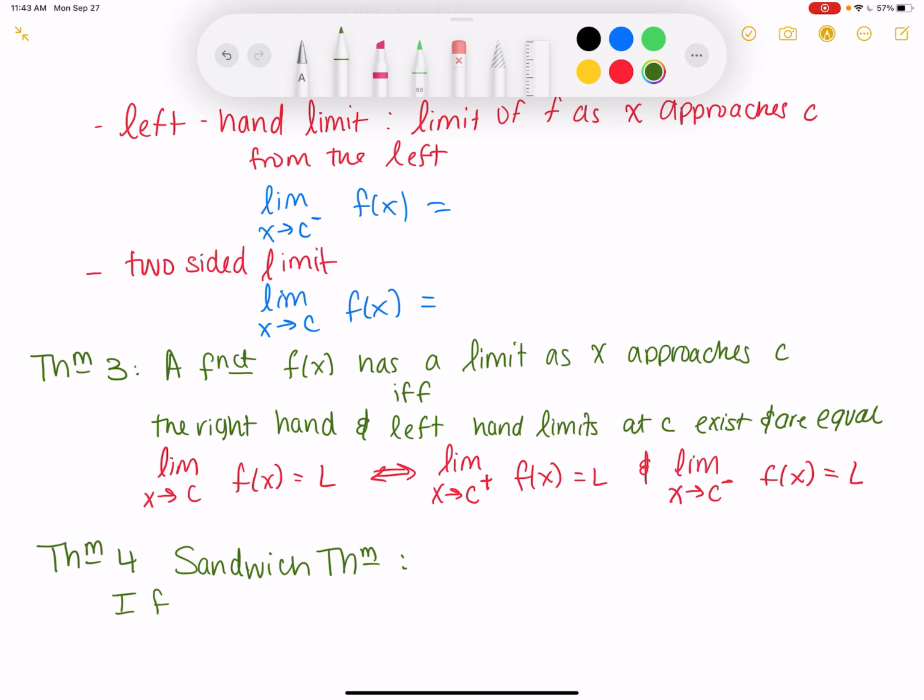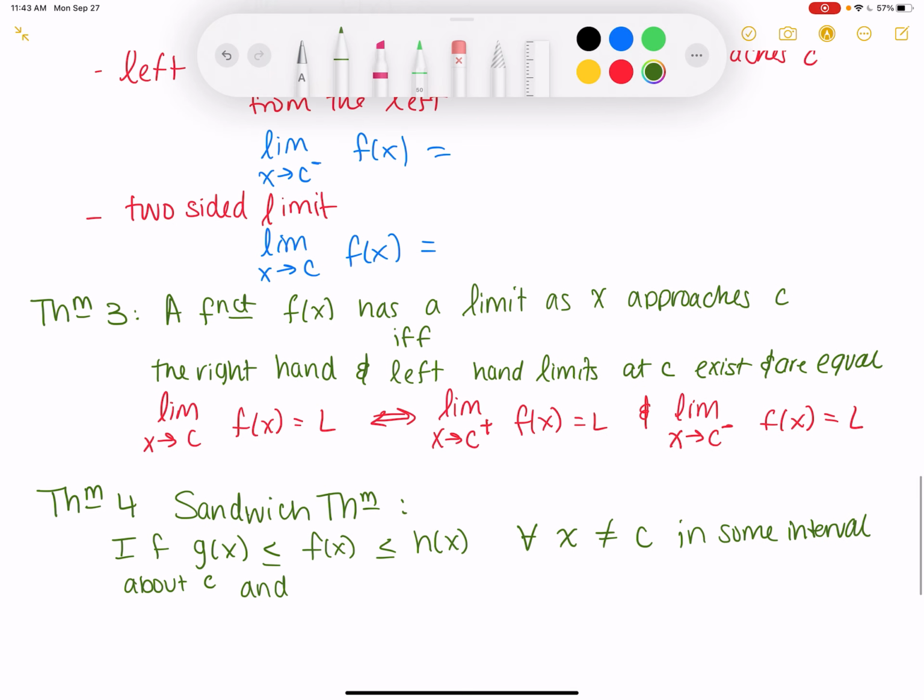And it says that if g of x and f of x are both less than or equal to h of x for all x not equal to c in some interval about c, and the limit as x approaches c of g of x is equal to the limit as x approaches c of h of x is equal to L, then the limit as x approaches c of f of x is equal to L.